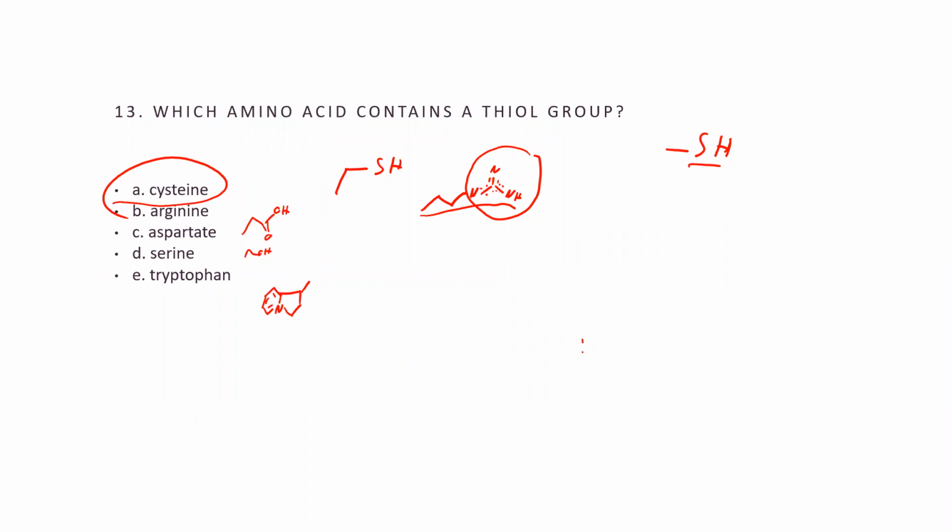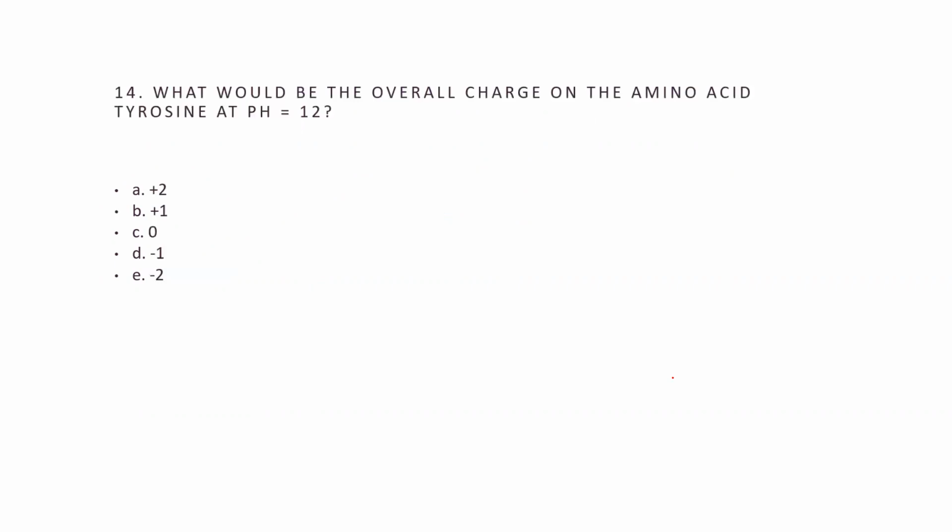I remember that because W is near the end of the alphabet, so it's the biggest letter of the alphabet. I don't know. That's probably a bad way to memorize it. I'm just saying how I memorize it. Sorry, forget what I just said. Yeah, tryptophan. It's easy to trip over because it's the biggest one. That makes sense? Okay.